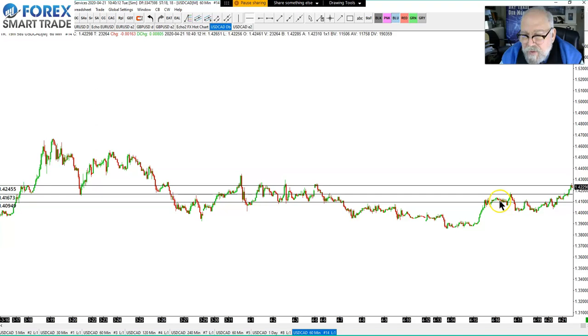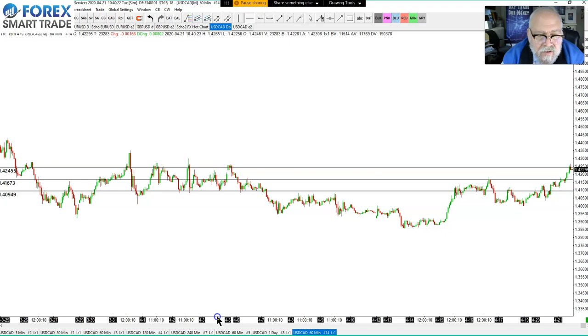again, I got stopping here, I got stopping here, stopping all in here, stopping here. Now, the only thing I might want to do is just tighten this up a little bit because the gaps are a little bit more than what I want. I prefer them to be about 30 pips apart.